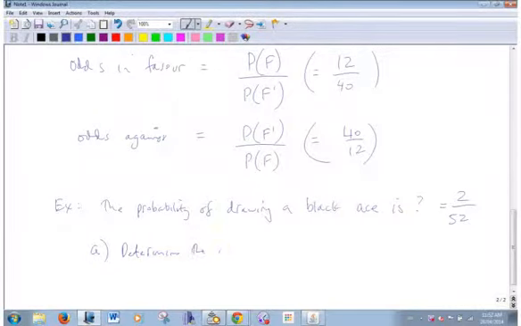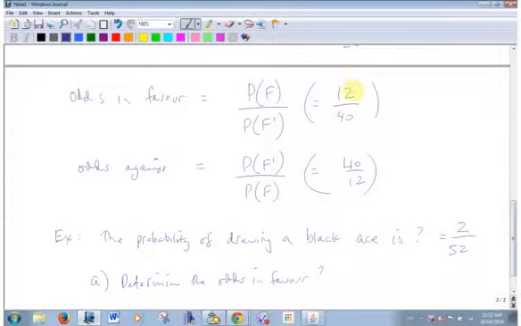So determine the odds in favor. Well, of the same thing, right? Same question. So look at your previous example. What was odds in favor? For getting a face card, there was 12 ways I could get a face card in a deck of cards.